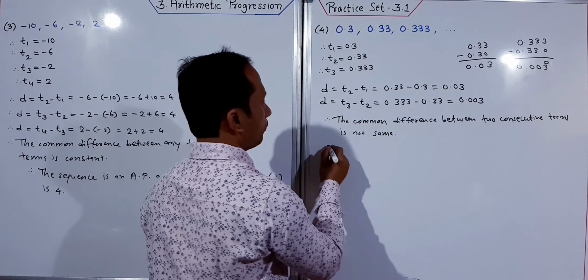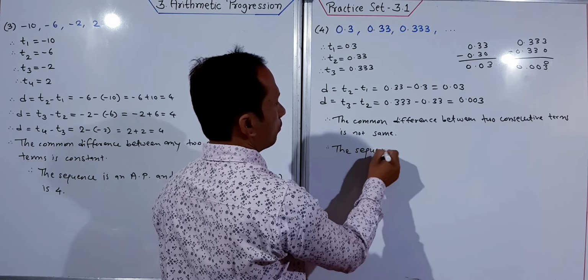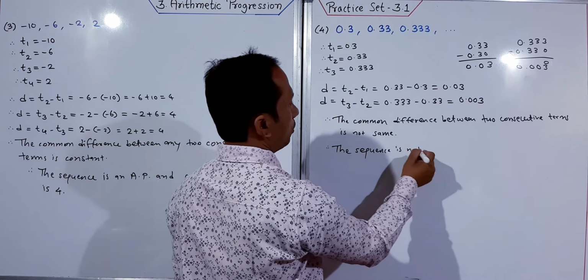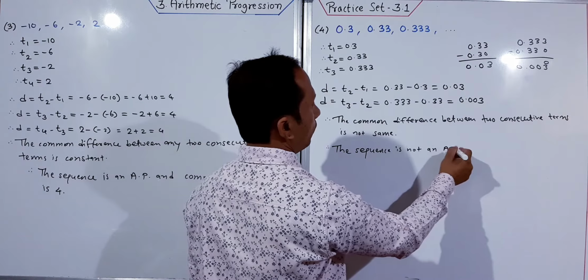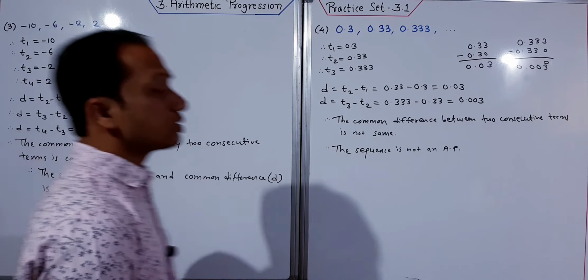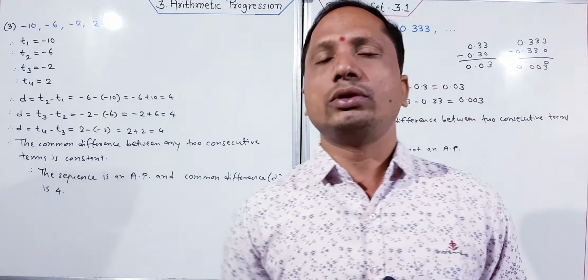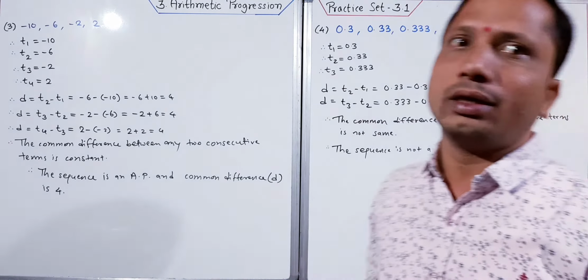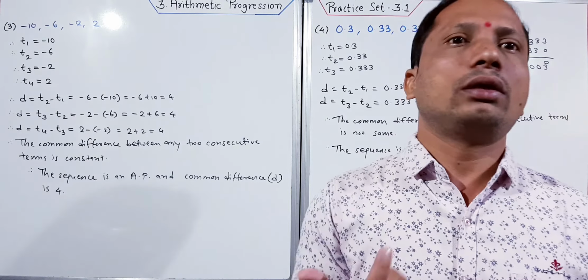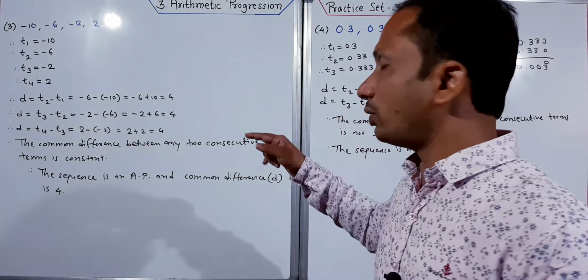You write, therefore the sequence is not an AP. In this way you have to solve this. This is very easy. Actually, there is need of only calculation. If you do the correct calculation, you will get the idea how to find out whether a given sequence is an AP or not. So this is problem number 3 and this is 4.